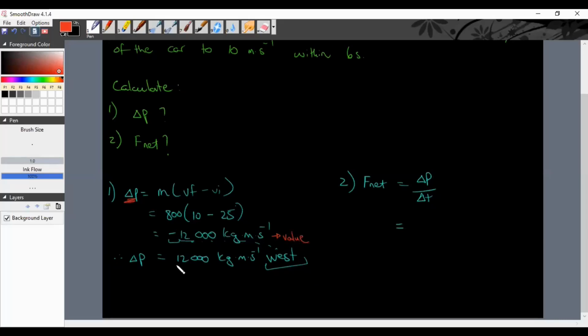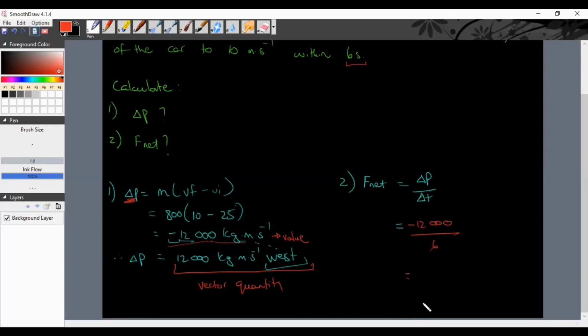This over here is stating my answer as a vector quantity, because that's what momentum is. It's a vector quantity. It has direction. Therefore, for the value of delta P, I cannot sub in 12,000 kilogram meters per second west. I need to sub in the value, negative 12,000, because I'm just looking for the value, divided by the time that they gave me, which was 6 seconds.